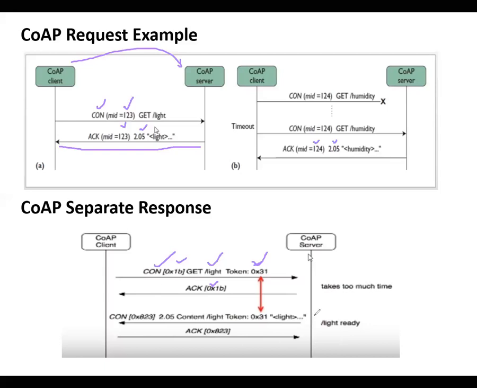So after some time when it receives the data, the server sends it with a confirmable message, and the message ID is hexadecimal 823. 2.05 is the value, and this is the same token number as was present in the client side request. And now the client is bound to acknowledge that message, so it will send an acknowledgement with the same message ID as the confirmable message from the server.